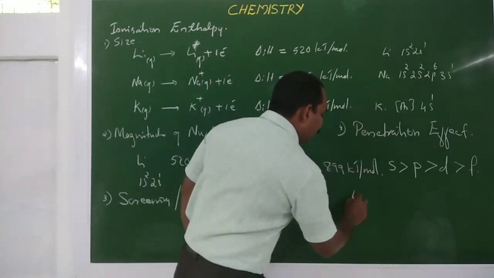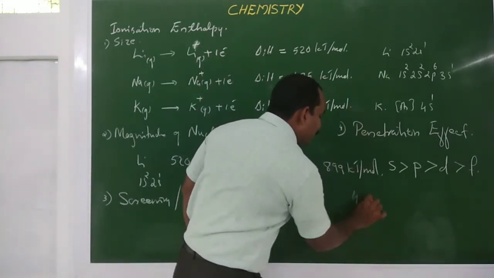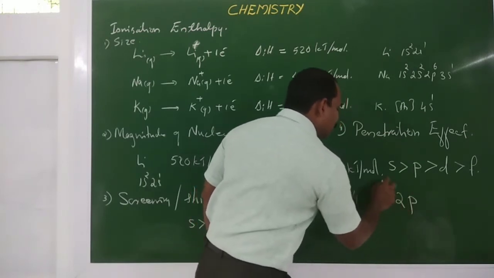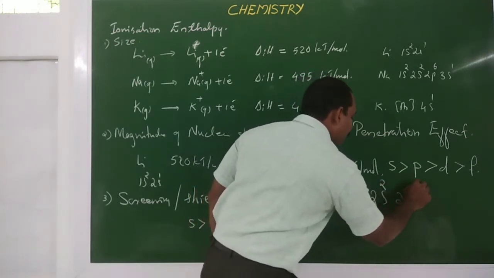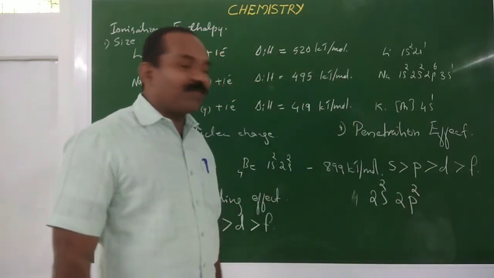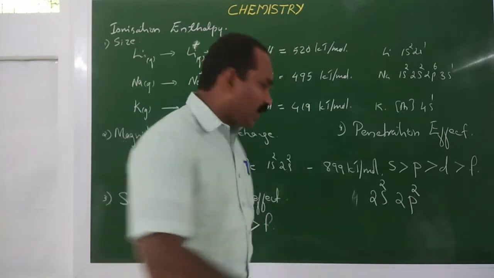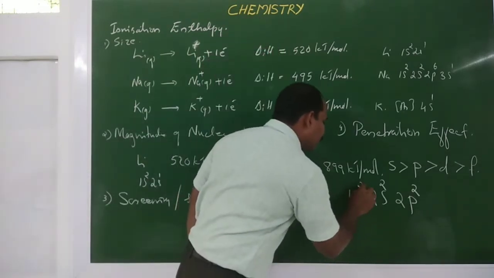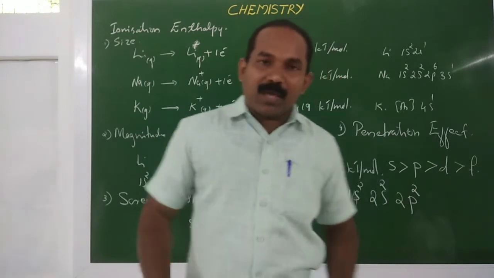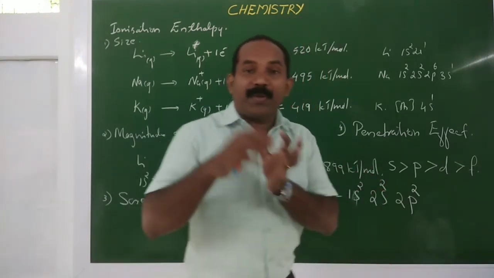For example, a 2s electron and a 2p electron. The electronic configuration of the carbon atom is 1s2, 2s2, 2p2. Okay, S has more penetrating effect.